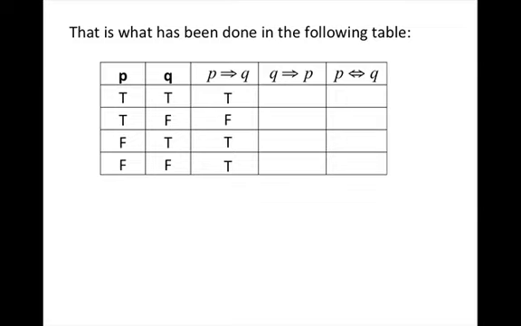For Q implies P, you read this one backwards. Find the instance when Q is true and P is false. That's in the third line. So Q implies P is false in the third line and true everywhere else. Those are the two implications.